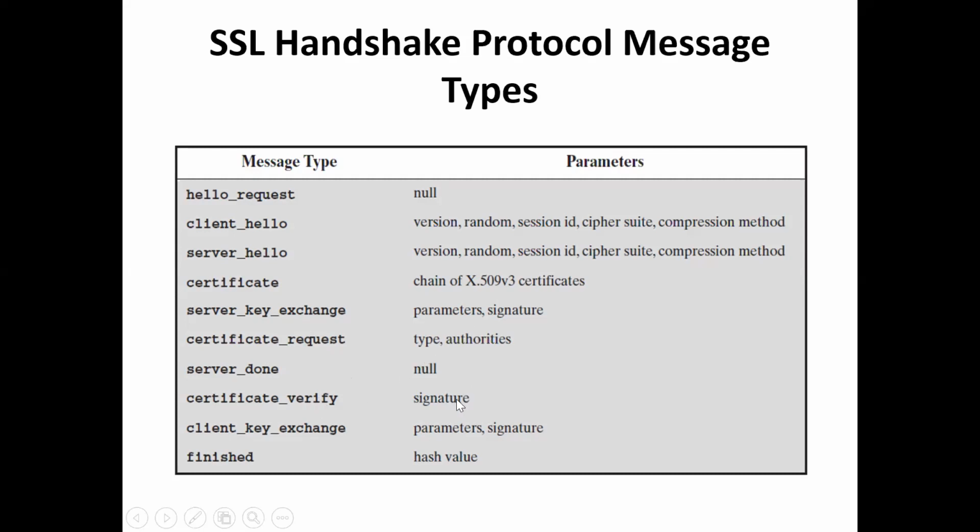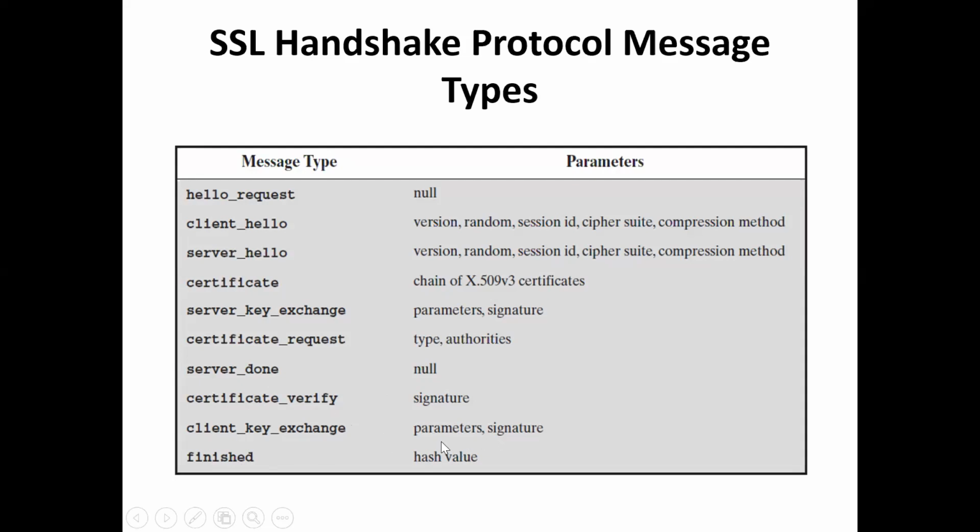This is certificate verification. Any entity is going to verify the signature. Then client key exchange. The client is going to give its public key to the server. The client is going to exchange its public key with the server.